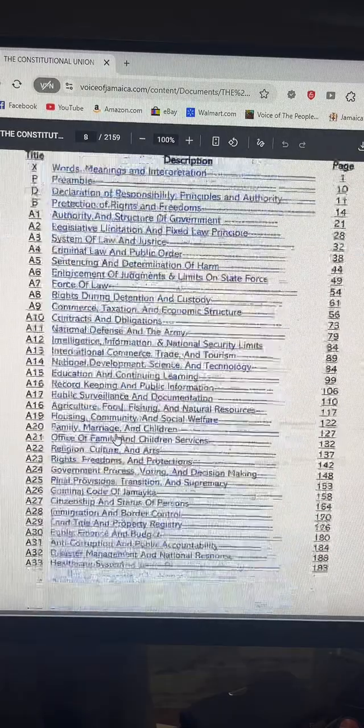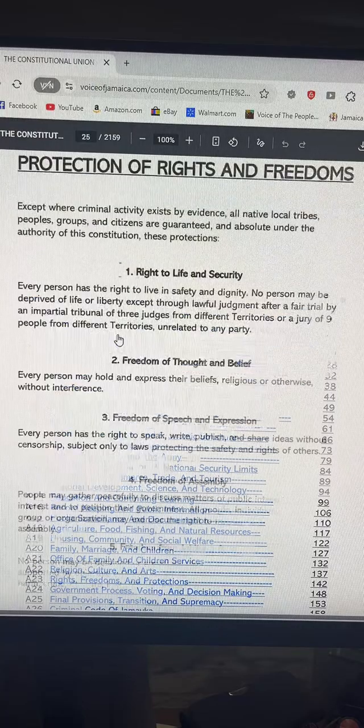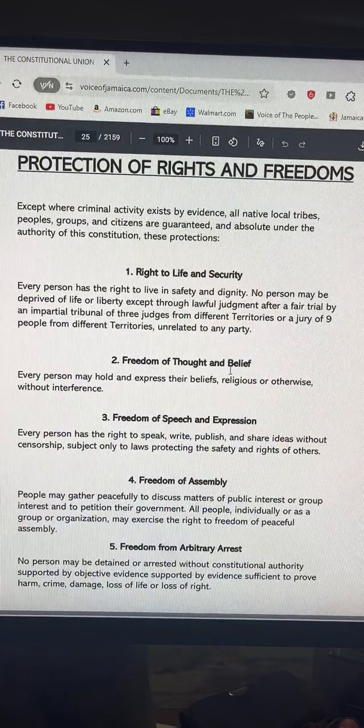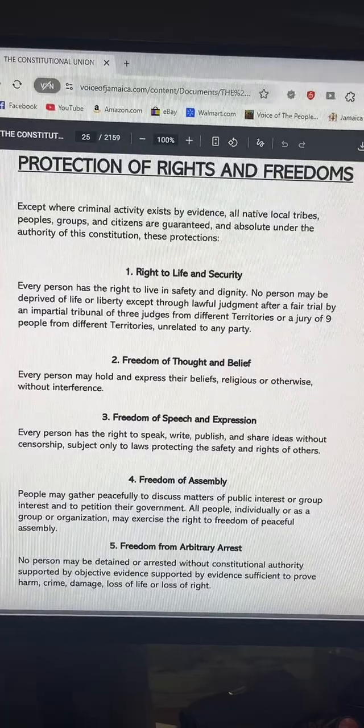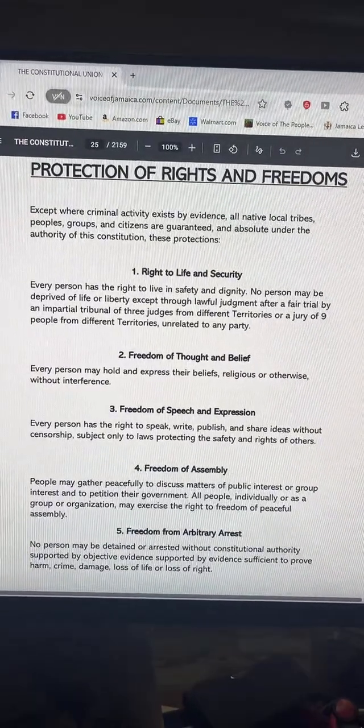Right, now what we want to go over today is the protection of rights and freedoms. Right, this is the fourth section of the document. And it is very important that we comprehend and have a full idea of what exactly we're trying to accomplish here with something like this.